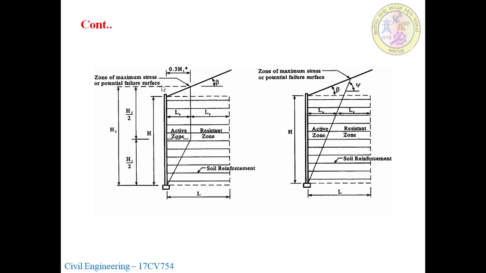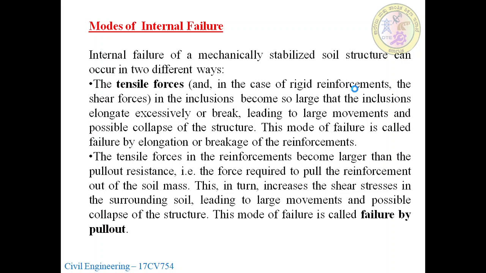So this is the zone of maximum stress or potential failure surface, and the total length of the soil reinforcement. Here the failure is not linear, it is bilinear, with the beta and phi values.